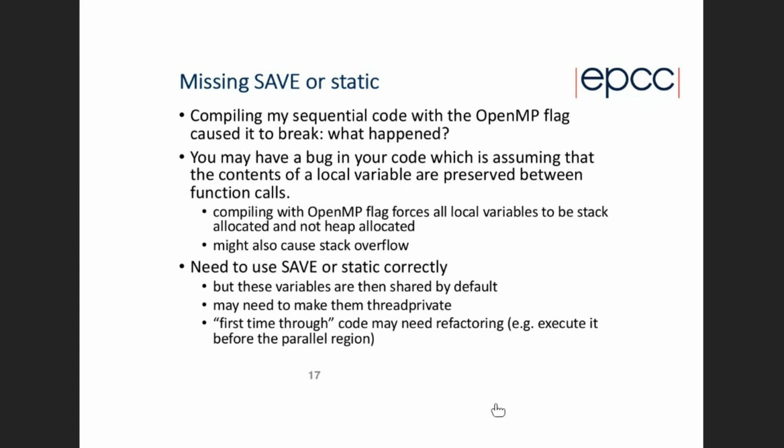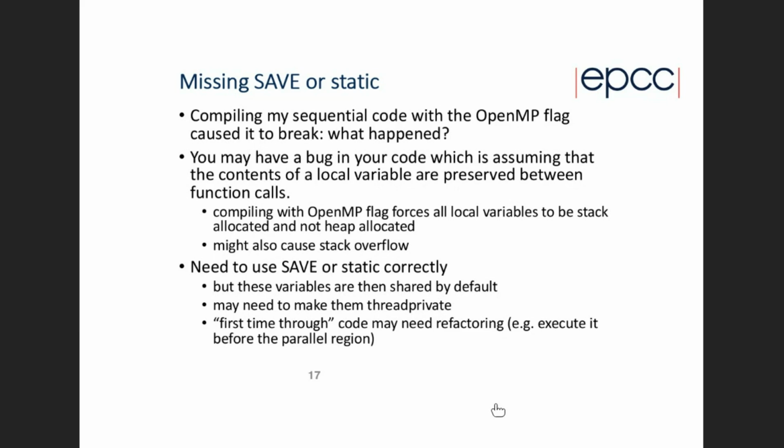The reason this is done is because that's the mechanism that enforces the rule that local variables are private. The OpenMP implementation enforces that by making sure that those variables are allocated on every thread stack, and that's how they get the private copies. We need to make sure that we use those correctly.